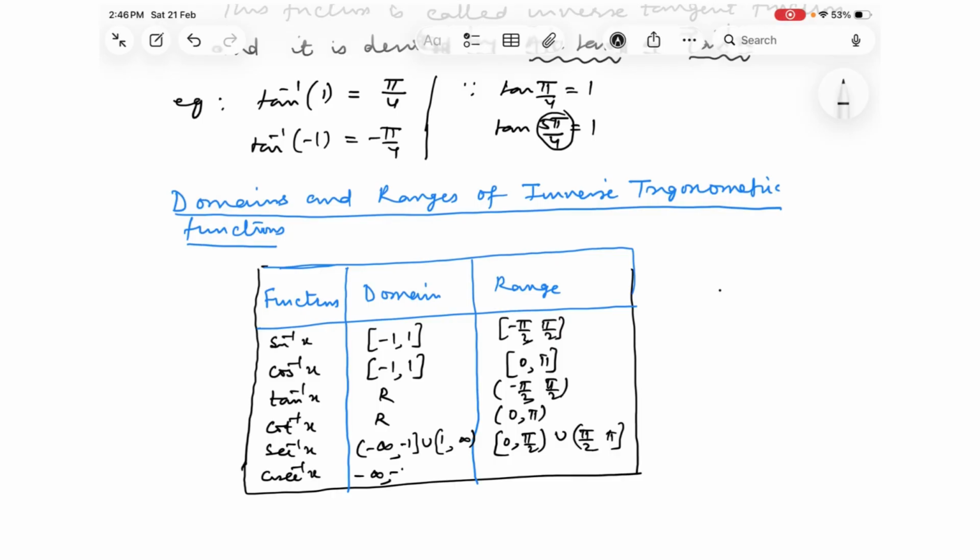Domain, minus infinity to minus 1, union 1 to infinity. Range, minus pi by 2 to 0, closed at pi by 2, union 0 to pi by 2, closed at pi by 2, open at 0. Now, this is the domain and range of all 6 inverse trigonometric functions.